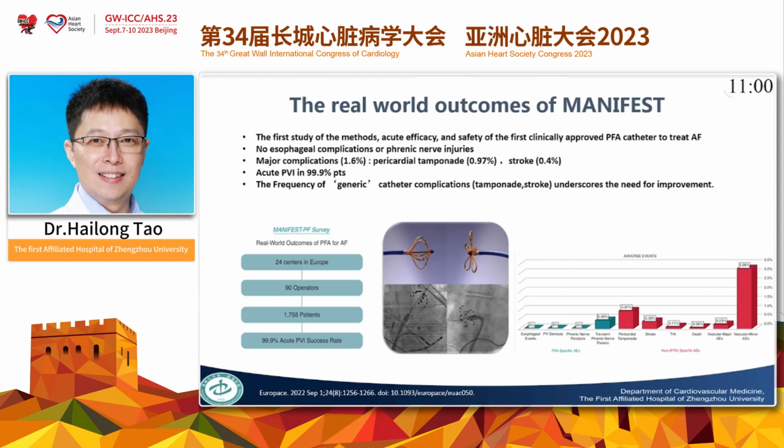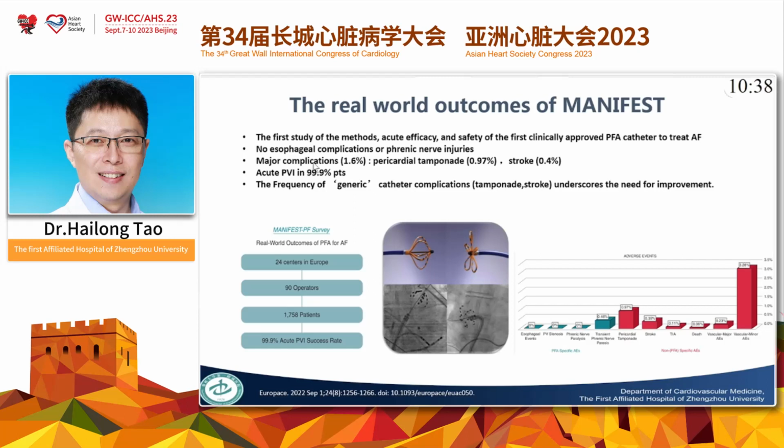Next, let's review some of the clinical trials about PFA. The first one is MANIFEST. We all know it's the first study of the acute effectiveness and safety of the first clinically approved PFA catheter to treat atrial fibrillation. In these trials, no esophageal complication was found, and also no phrenic nerve injury occurred.